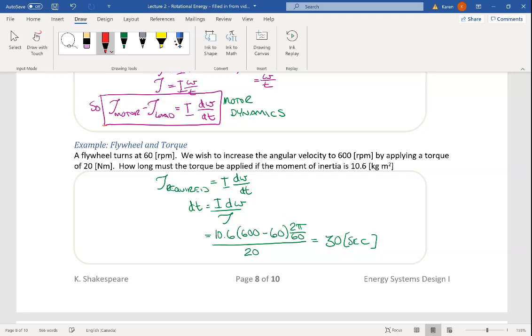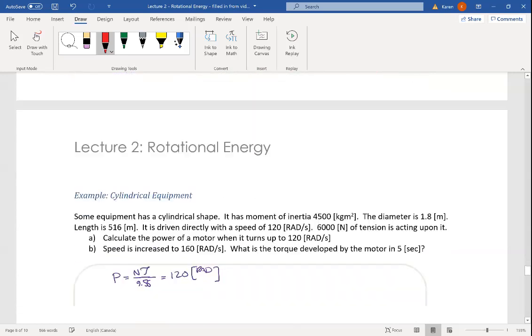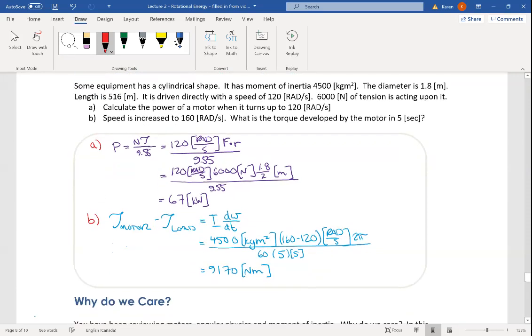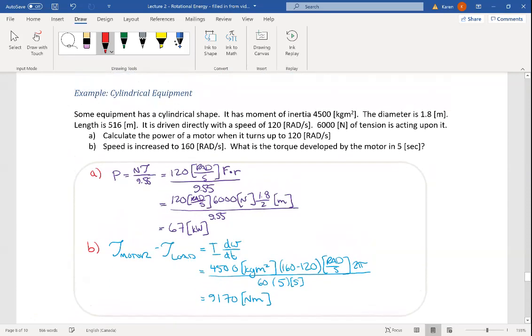So that's where we're going with this. And here's another example where we're calculating the power of some equipment, and then we're figuring out how much torque has been developed by that motor that we spent money putting that power into.